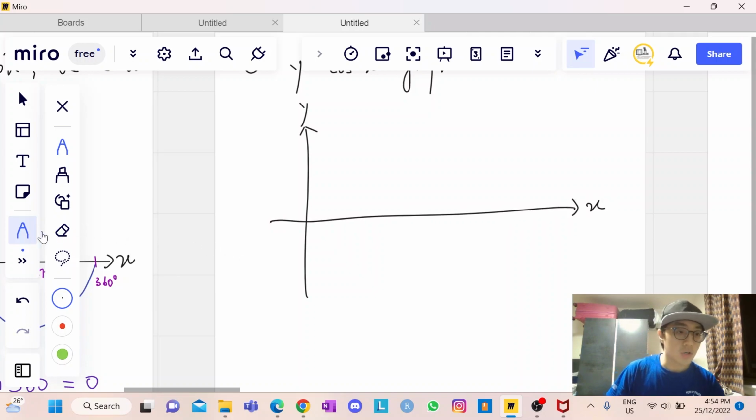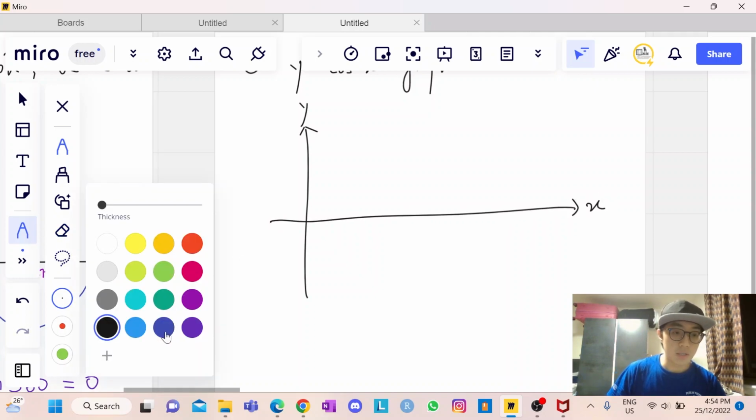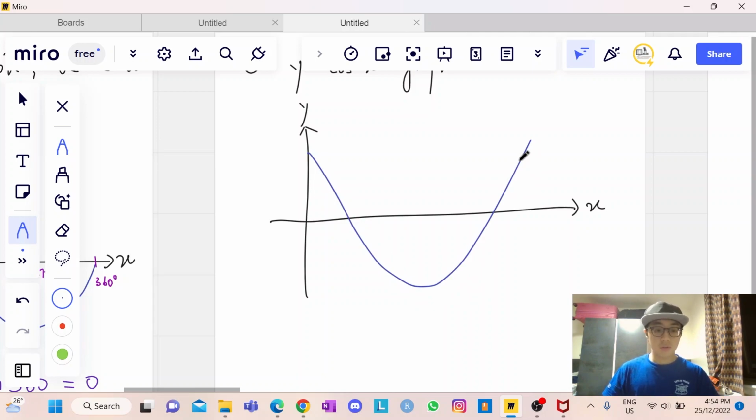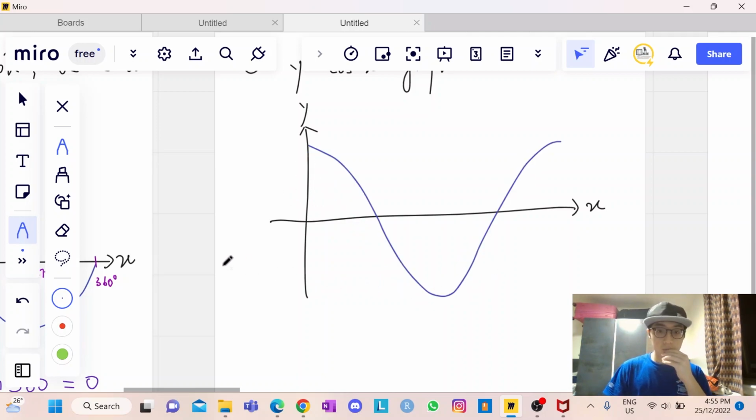The cos graph is obviously different from the sine graph. It starts from 1, goes down, comes up. This is not a nice one, this is the best I can attempt here. You can Google search cos graph for more, but this is somewhat like the cos graph that you will get. This is still 1, and this is -1.